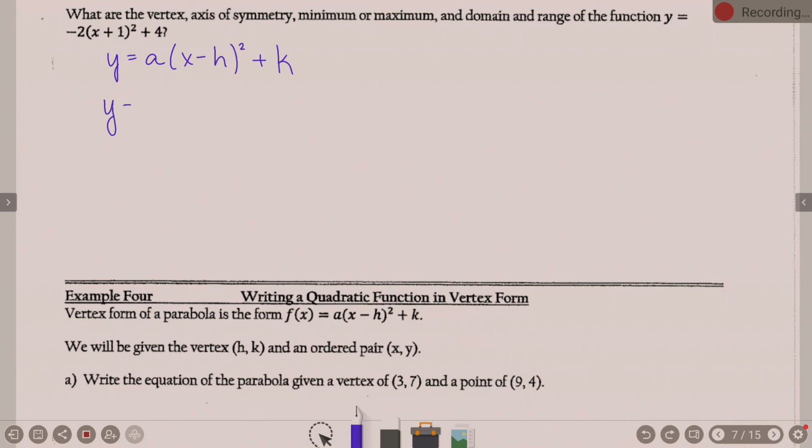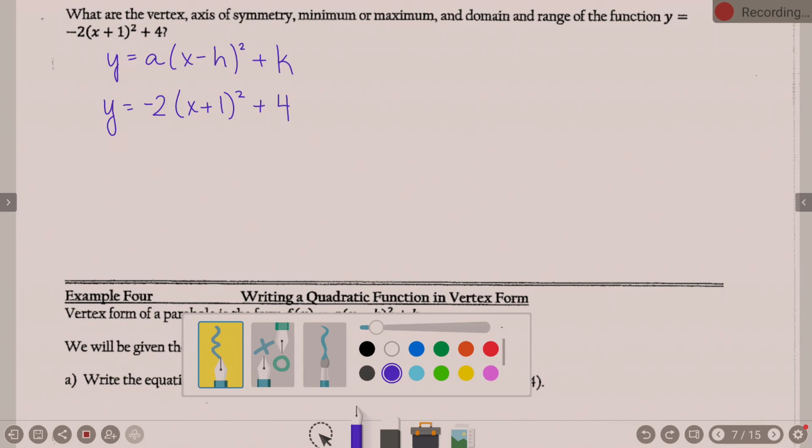And my equation this time is y equals -2 times x plus 1 squared plus 4. Okay, we need to start by talking about vertex.